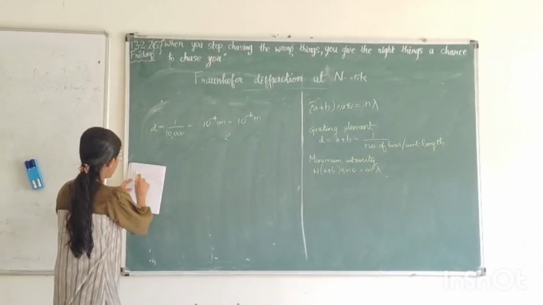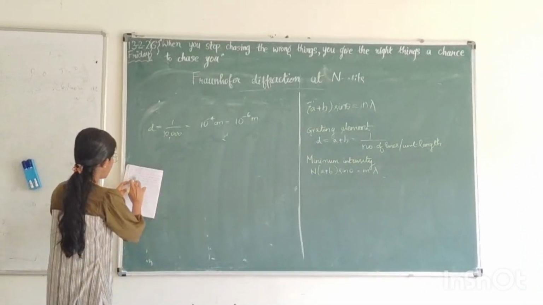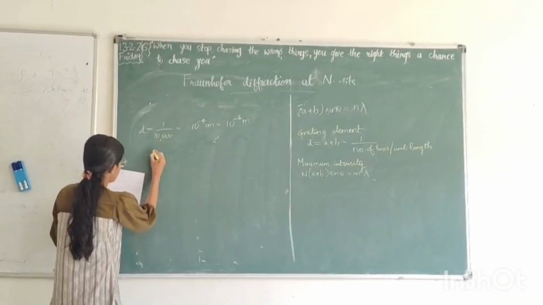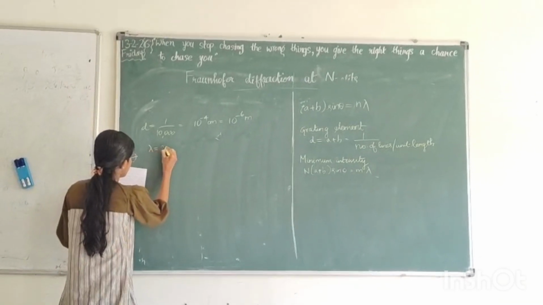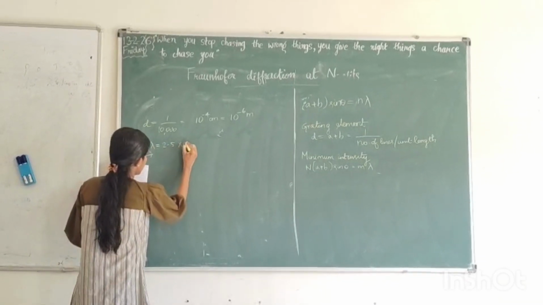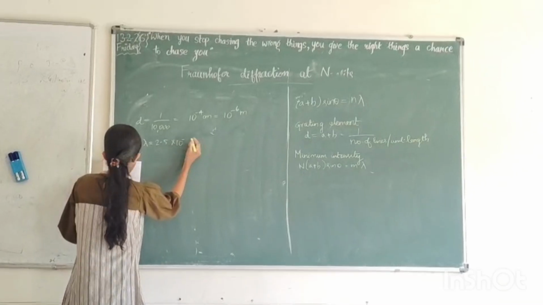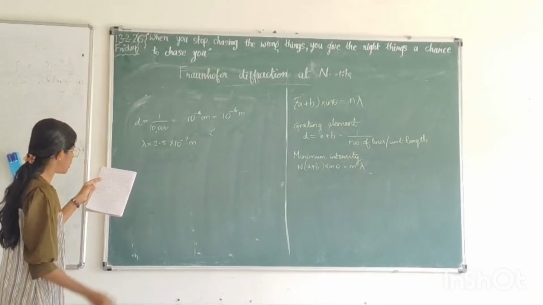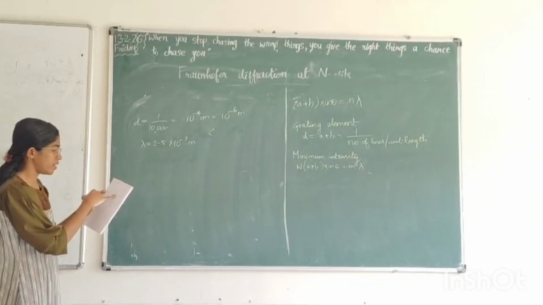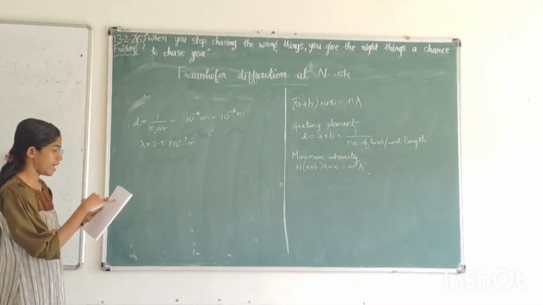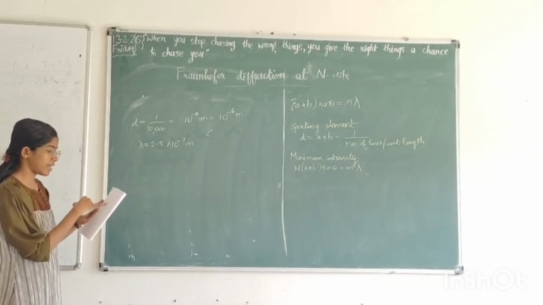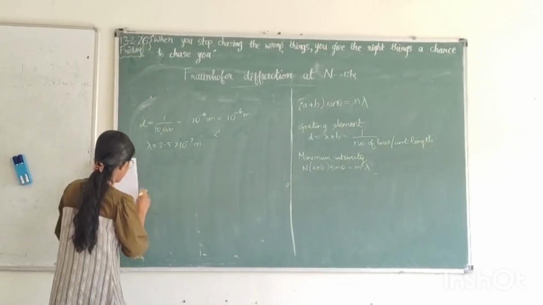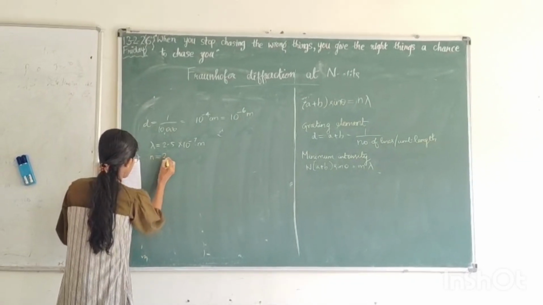And the wavelength of the light is 2.5 into 10 raised to minus 7 meter. We are asked to determine the angular position of the second order bright light, so n is equal to 2.